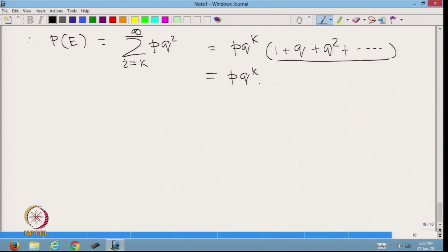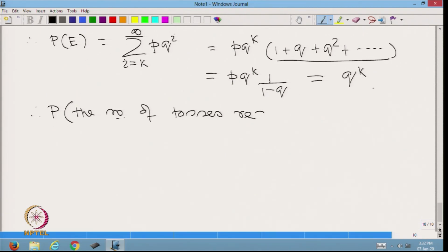This sum we already know is equal to 1 upon 1 minus q, which gives q to the power k. Therefore, probability the number of tosses required is greater than k is equal to q to the power k.